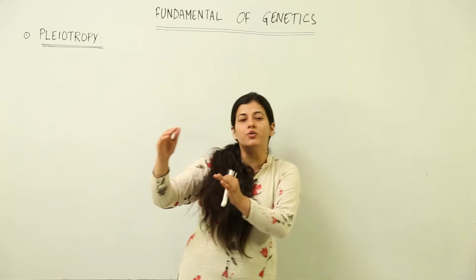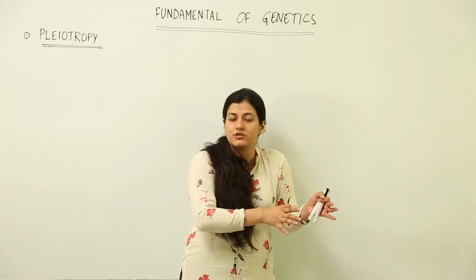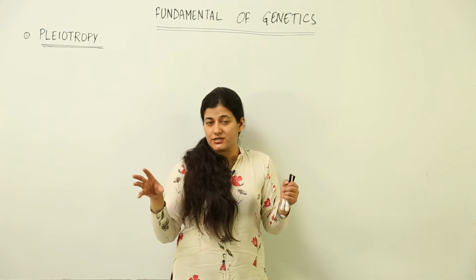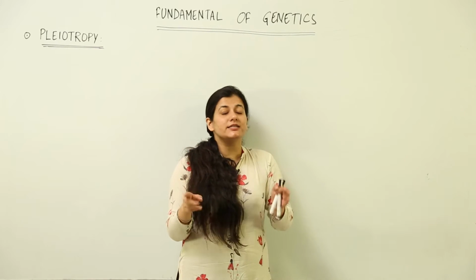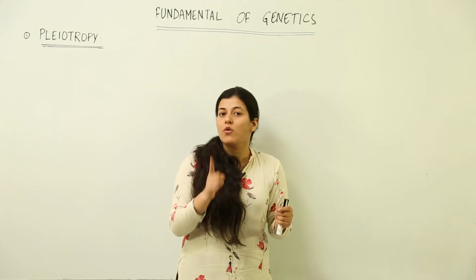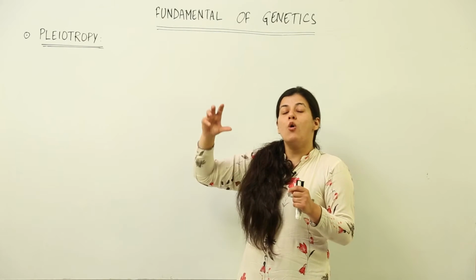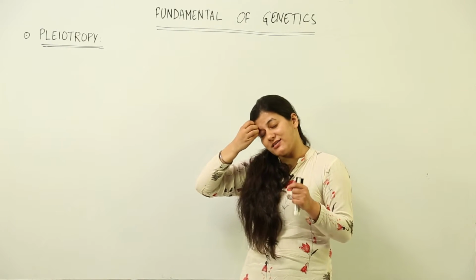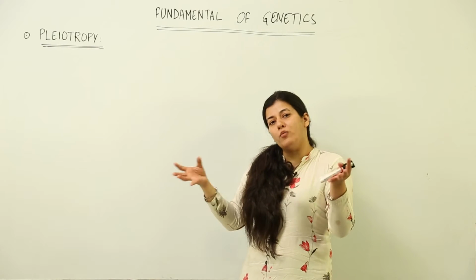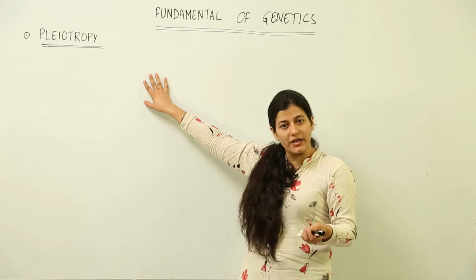The height is not going to influence the sexual characteristics of the plant or any other characteristics of the plant. But in case a gene is representing more than one phenotype, that means it is part of more than one metabolic process, so that it gives two or more expressions, that condition is known as pleiotropy.